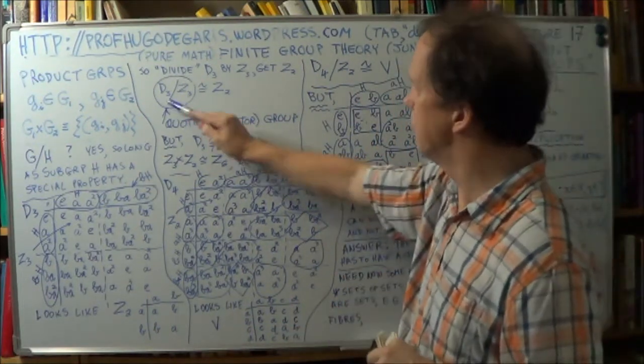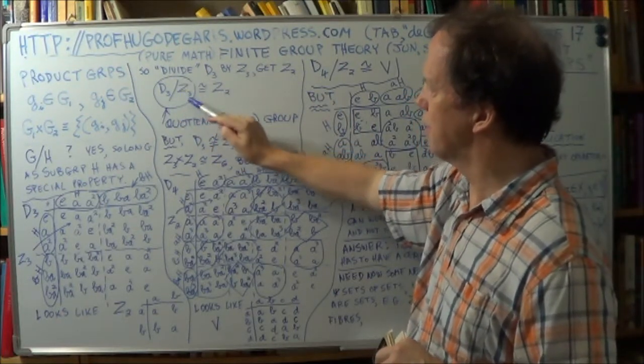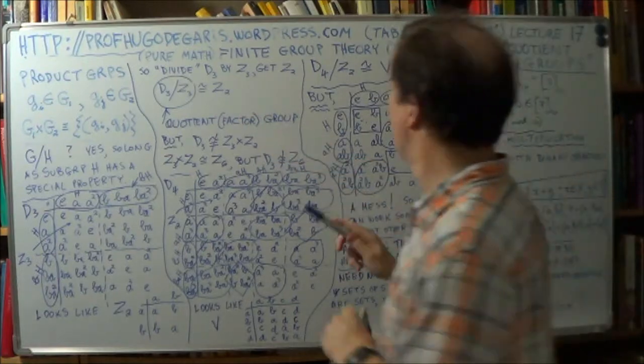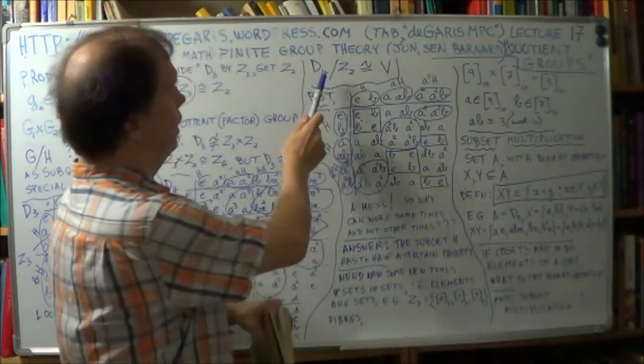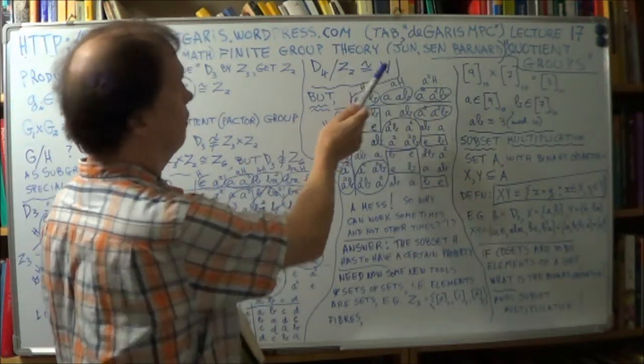So we've got two examples now. D3 divided by Z3 is isomorphic to Z2, and D4 divided by Z2 is isomorphic to V.